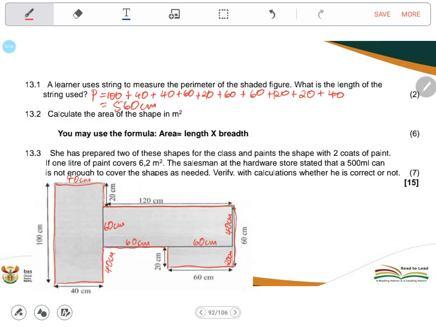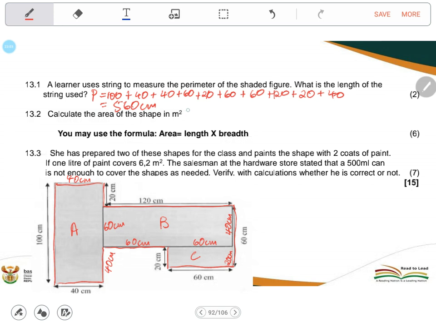In 13.2, calculate the area of the shape in square meters. Now they want the area of the shape in square meters. We said that this is rectangle A, rectangle B, and rectangle C, so let's deal with them separately.